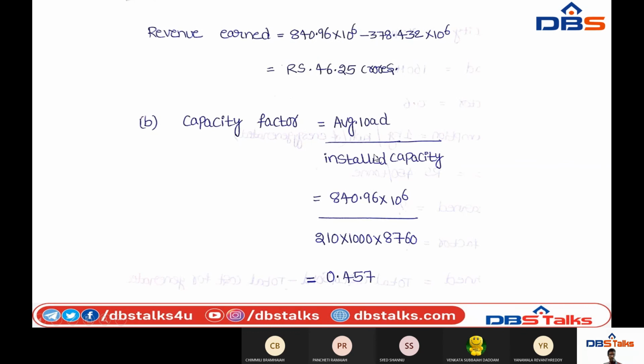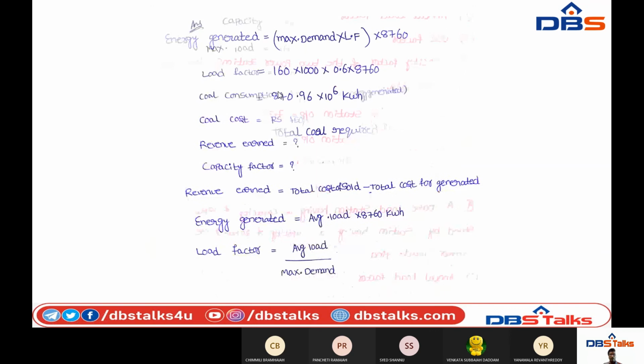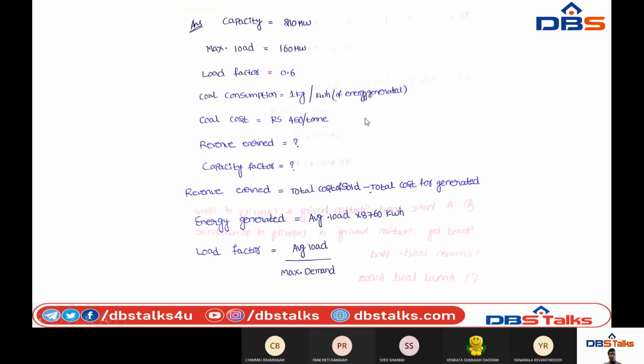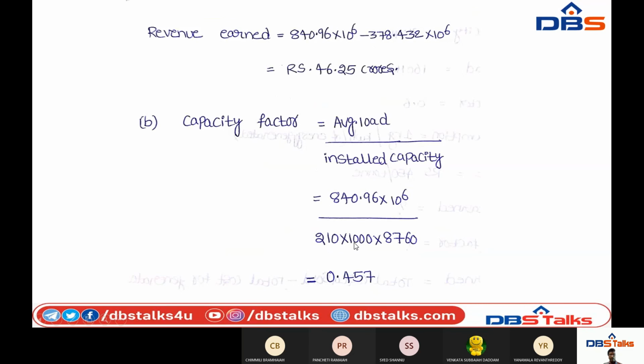Installed capacity is 210 megawatt, so 210 into 1000 into 8760. This value is similar for any problem. For annual energy generated or average load, we take 8760 into consideration. That is 0.457 capacity factor.